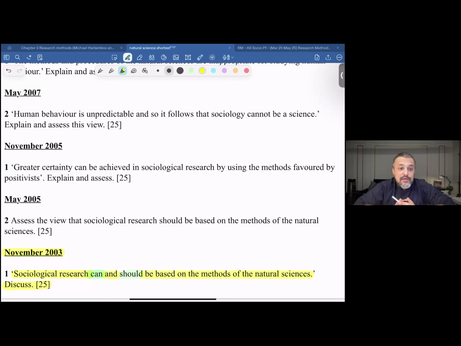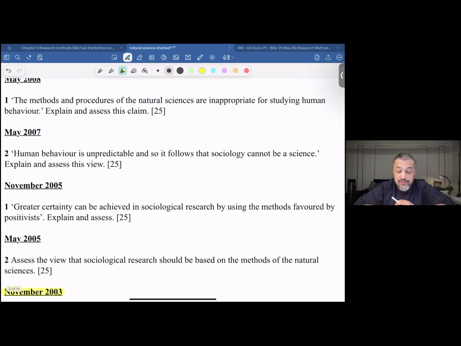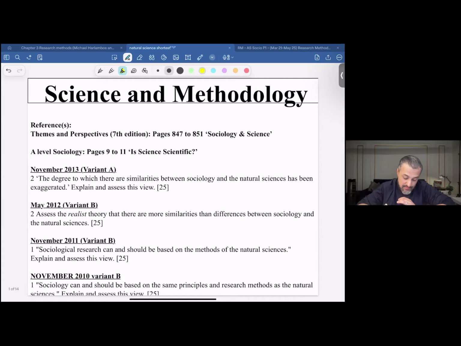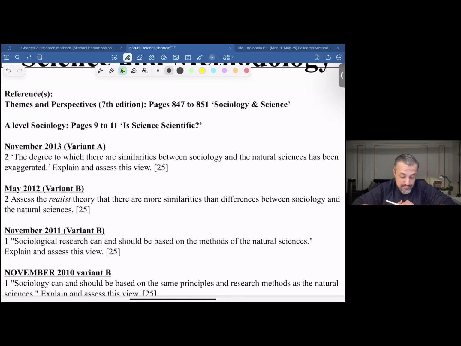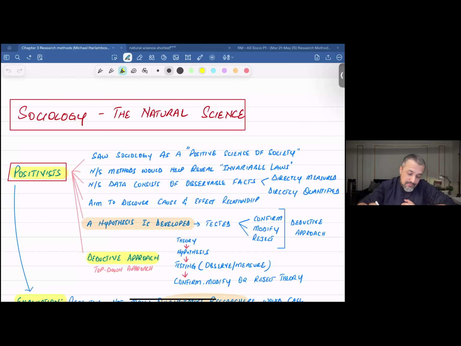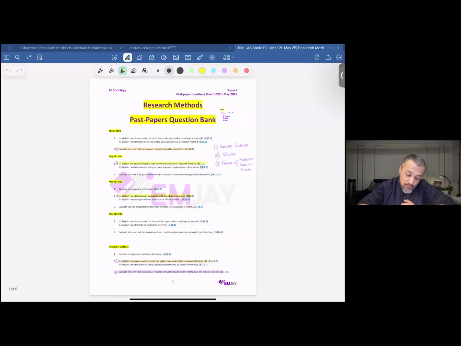And then we've had a question in May, June 2005 as well, a question in November 2005, a question in May, June 2007, May, June 2008, November 2010, November 2011, May, June 2012, and November 2013. Let's fast forward and have a look at a couple of questions from 2021 onwards.